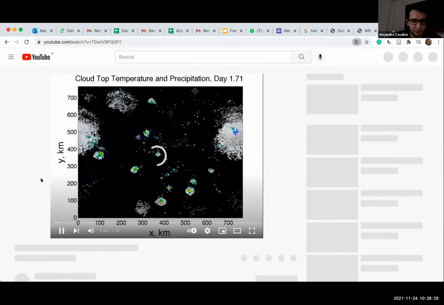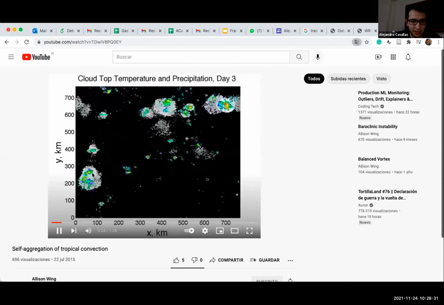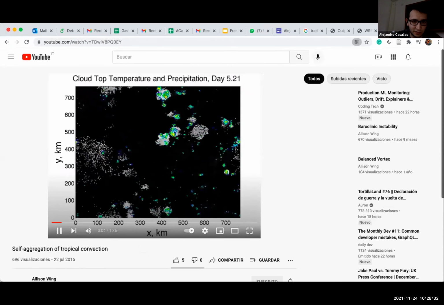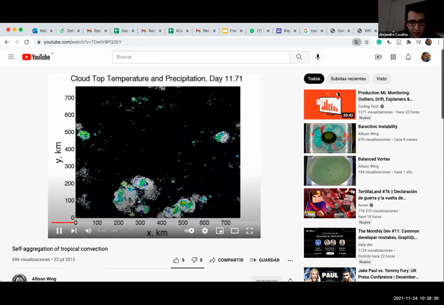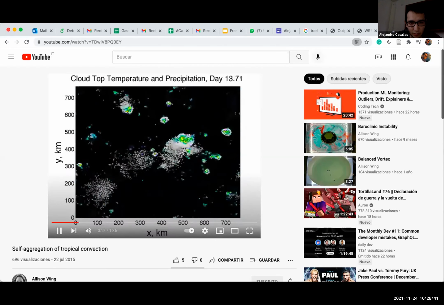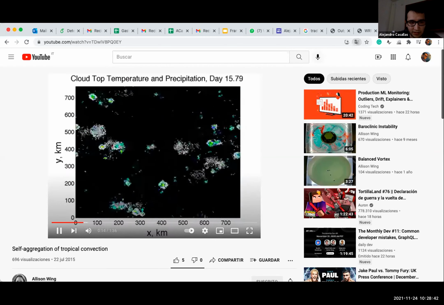What you are seeing is clouds and precipitation. You see that it's completely random in the domain. But then you will start to see that one place stops producing clouds. So you can see there is randomness, but this place doesn't have any clouds, you see here.